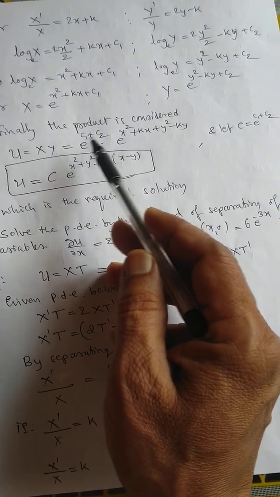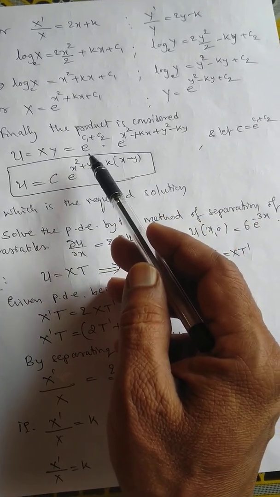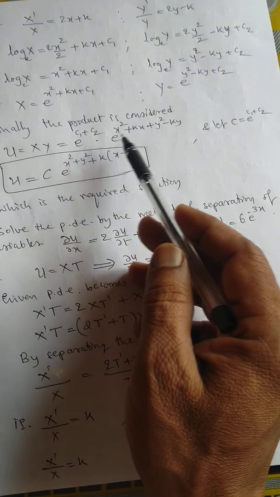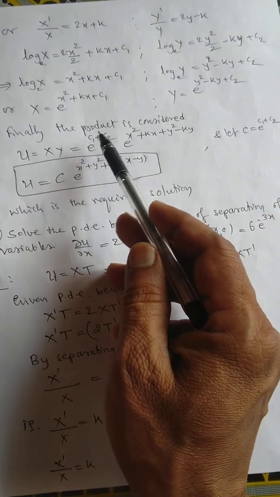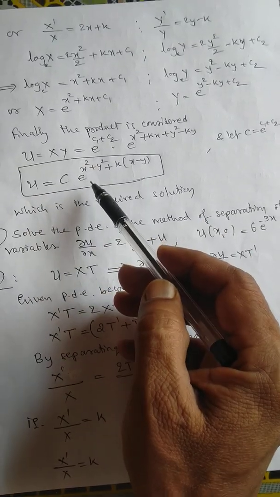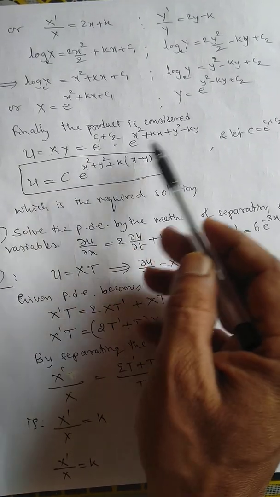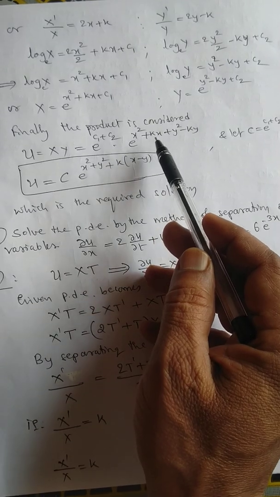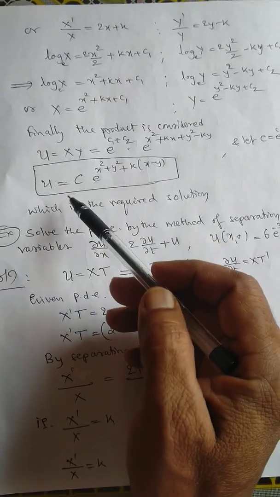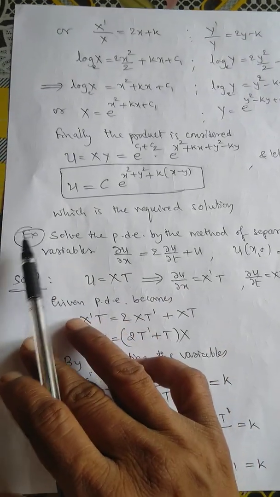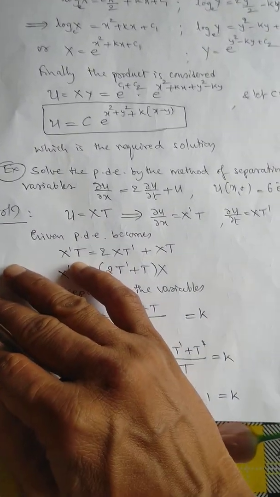Since c1 and c2 are constants and e is a number, e raised to c1 plus c2 is equal to some other number, that is c. So this can be replaced by c, e raised to x square plus y square, kx minus ky as k of x minus y. So this is how we solve the partial differential equation by the method of separation of variables.